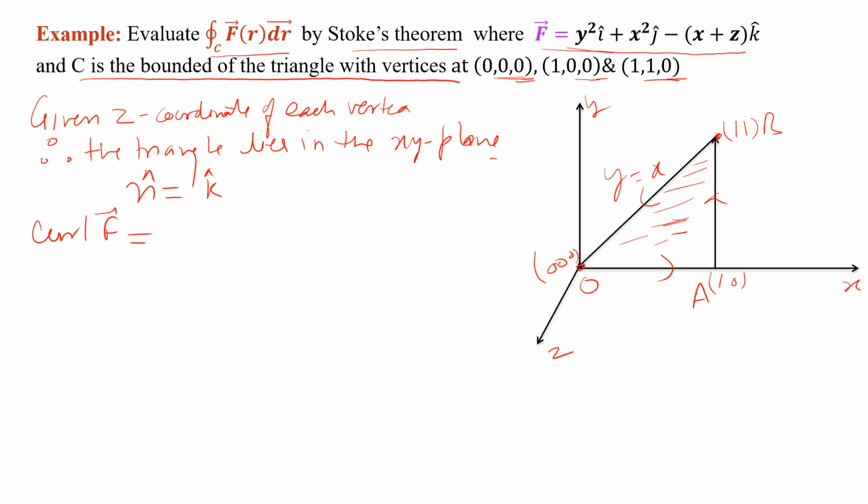The vector f is given, so we can easily find the curl: the determinant with i, j, k, del upon del x, del upon del y, del upon del z, and y square, x square, minus x plus z. When we evaluate that, the i component is 0 and the j component is 0, since the derivative of minus x plus z with respect to x is minus 1 and with respect to z is 0.